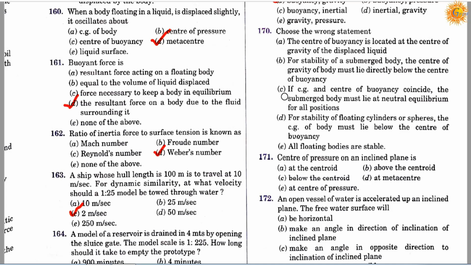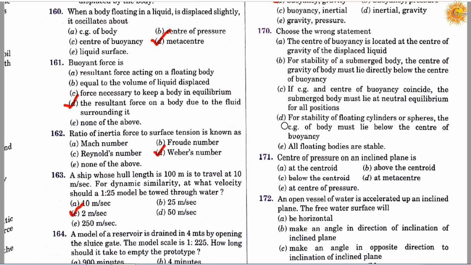Option C, if the center of gravity and the center of buoyancy coincide, the submerged body must be in neutral equilibrium for all positions.